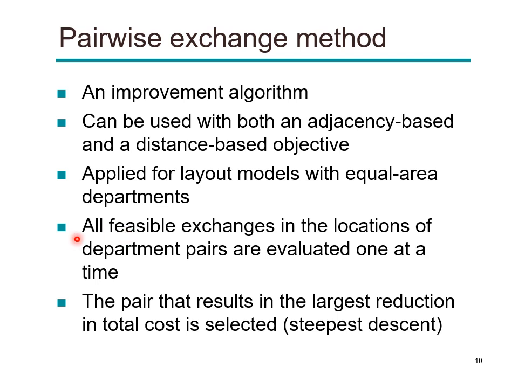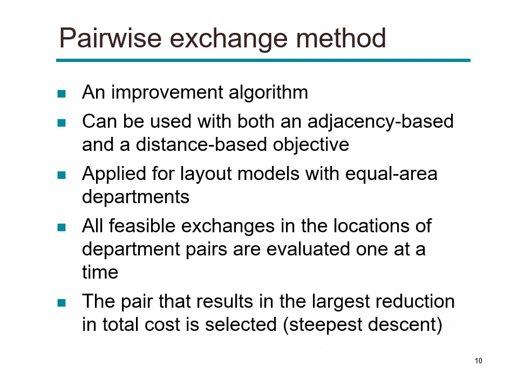So what do we do? For a given initial layout, we consider all feasible exchanges of the locations of these departments. We evaluate their values, and then we select the pair of departments that provides us the largest reduction in total cost. Okay, this is called steepest descent.